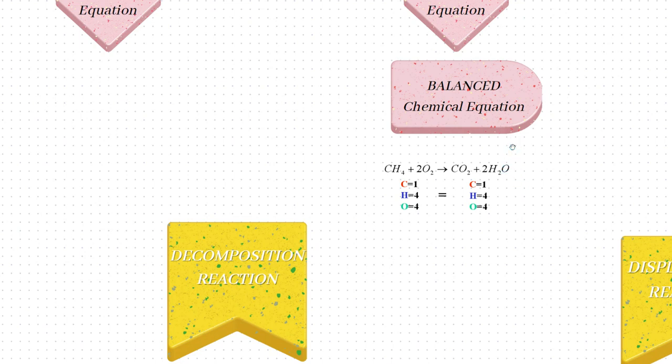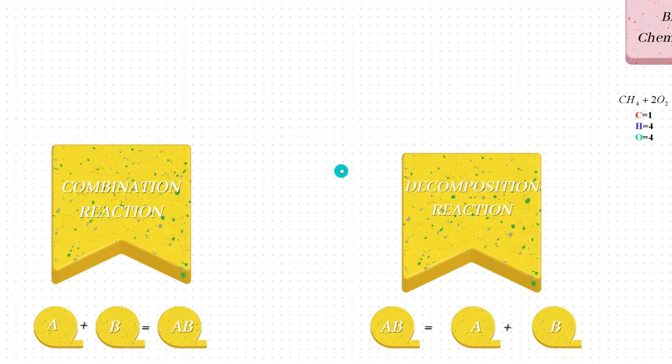So in order to balance it, we put the 2 before the oxygen on the reactant side and 2 before the water on the product side. That's how you balance an equation, and I will be surely preparing a separate video based on balancing chemical equations. Now let's move to the next topic.